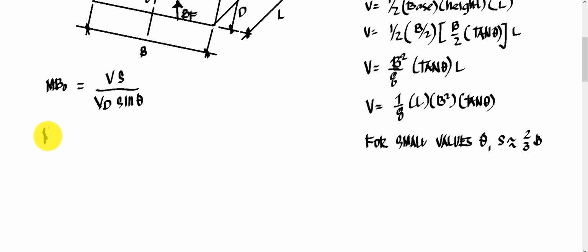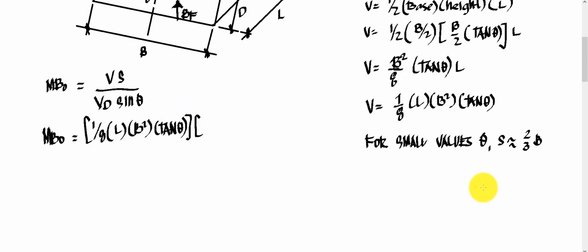So MBO is equal to your volume, which is 1 divided by 8 times L times B squared, then times the tangent of theta, then multiplied here with 2/3 of B. And it is divided by the volume displaced here.